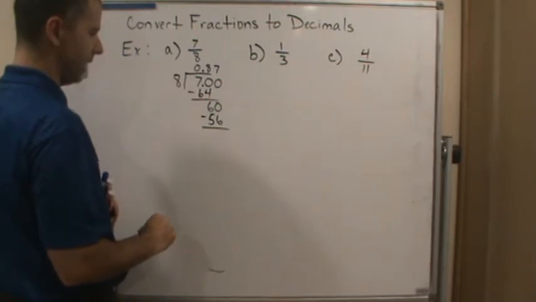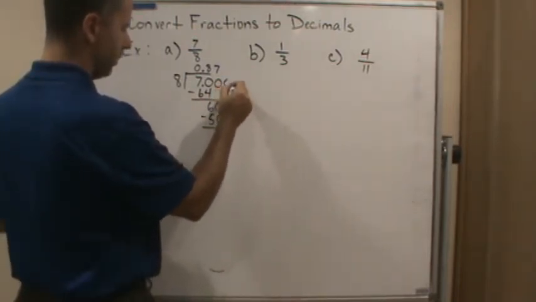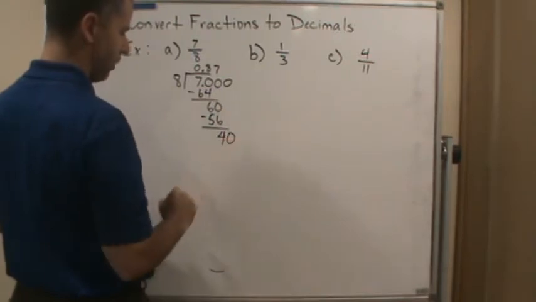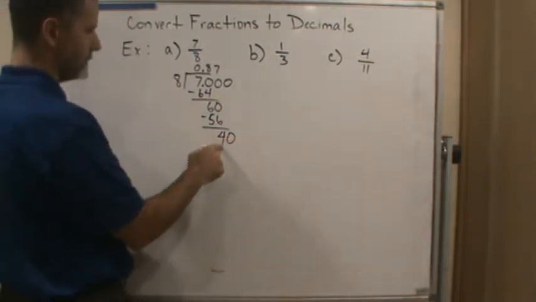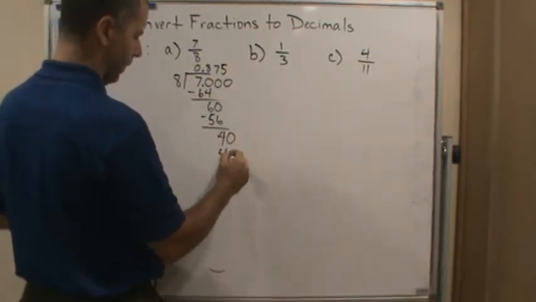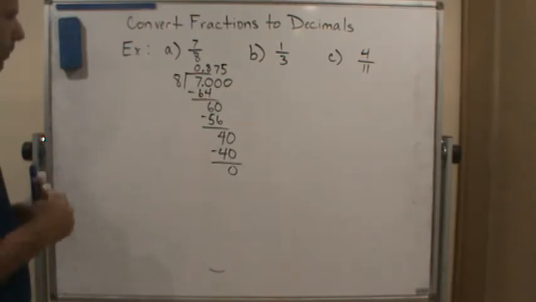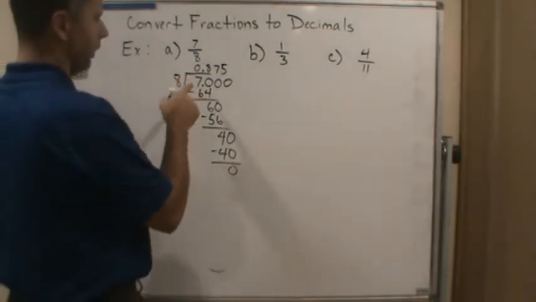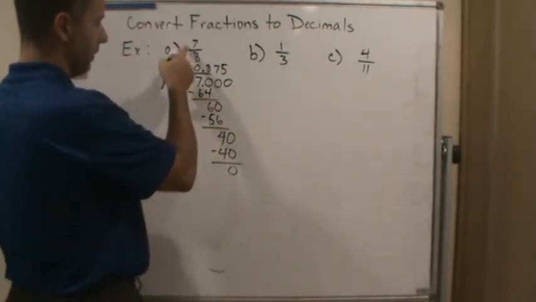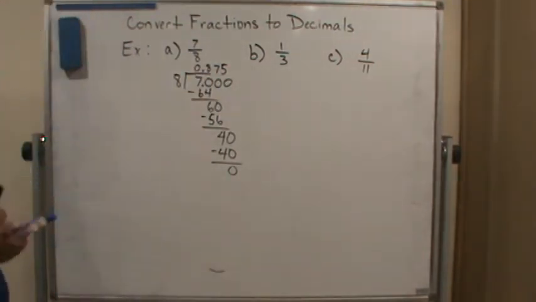Subtract the 56, and we get 4. Then we drop another 0, and 8 goes into 40 5 times. 8 times 5 is 40, and then we subtract, and we get 0, and we're done. So the decimal equivalent of 7/8 is 0.875. And we're done.